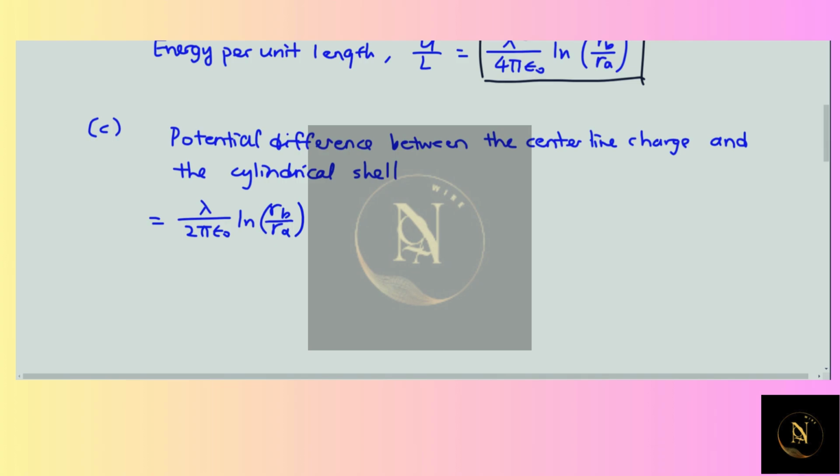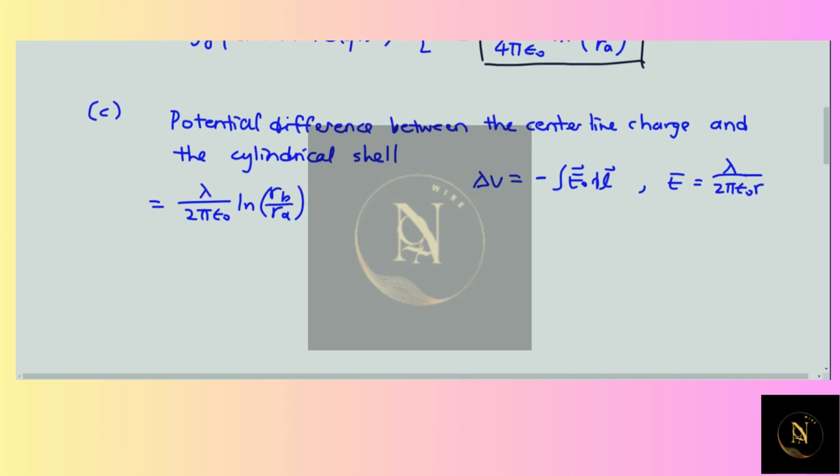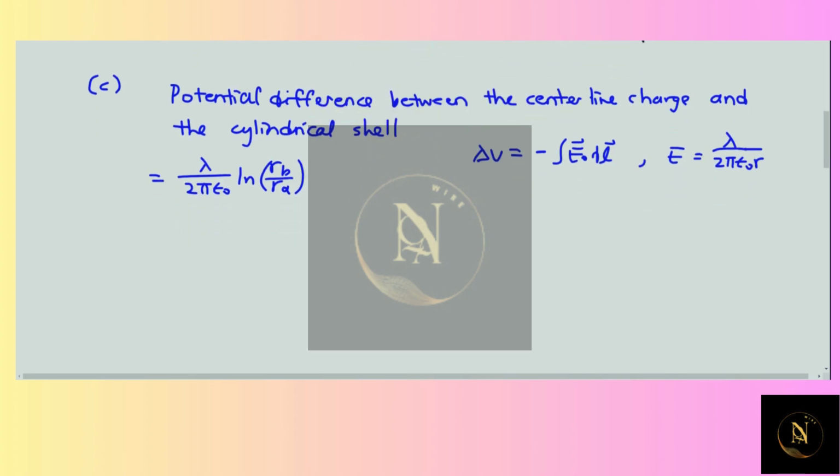This can be obtained using delta V equals negative integral of E dot dl, where E is lambda over 2 pi epsilon naught r, and you integrate from RA to RB. You get delta V to have this magnitude; we are interested in the magnitude in this case.